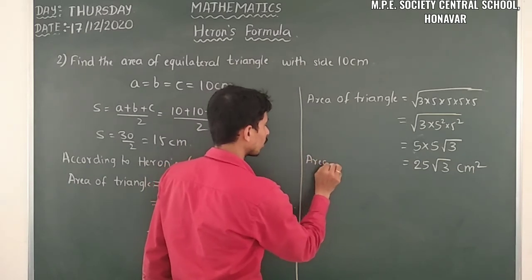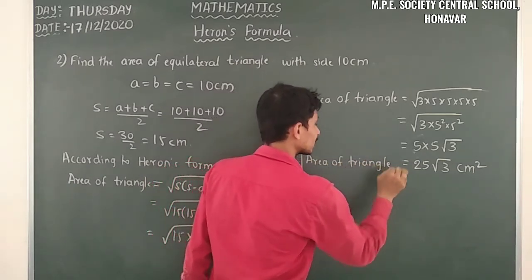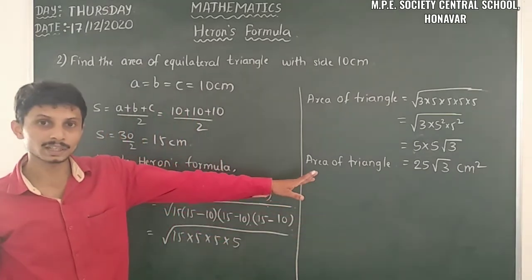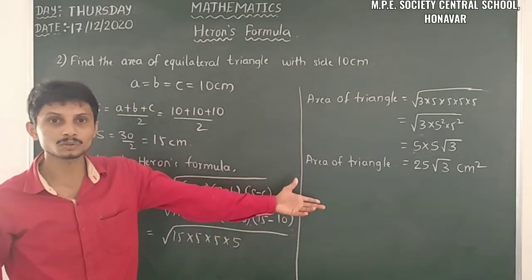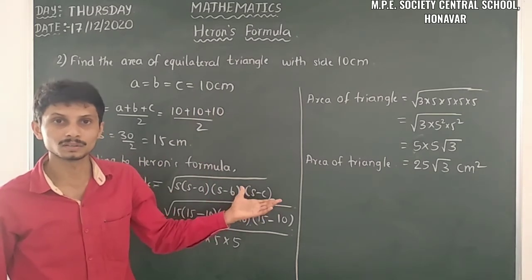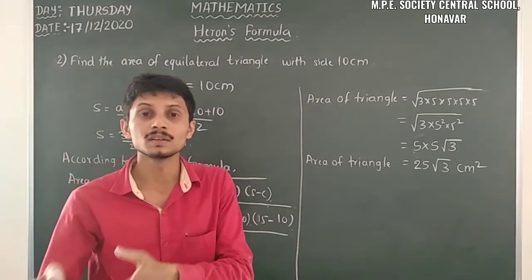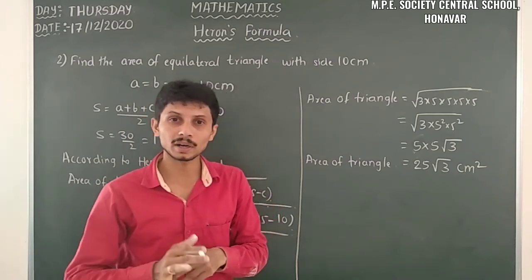That is the area of the triangle. The area of this equilateral triangle is 25 root 3 centimeter square. We found it using Heron's formula. We can also find it using the common formula, area of triangle is equal to half into base into height.